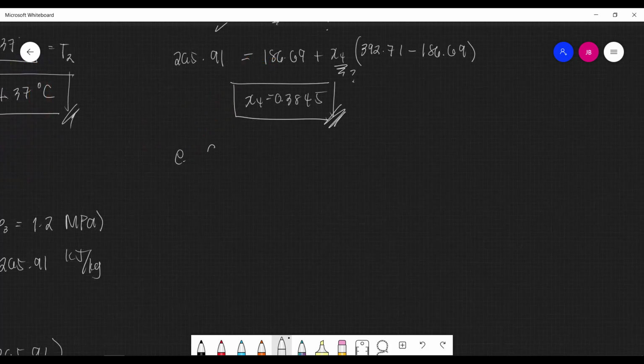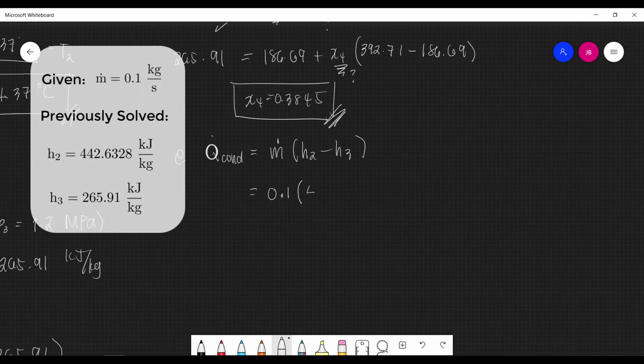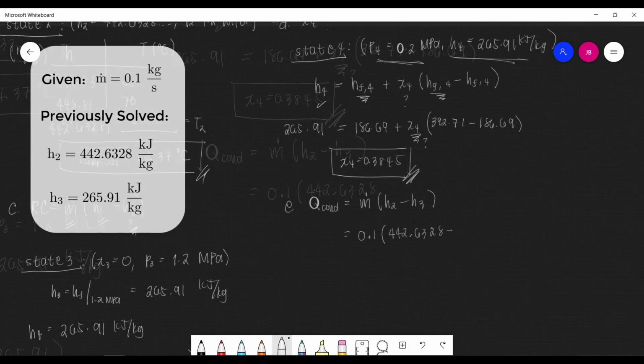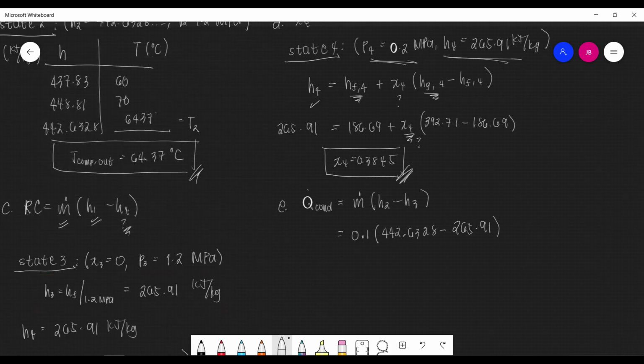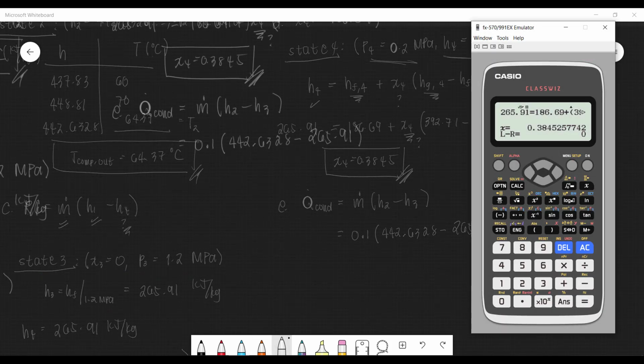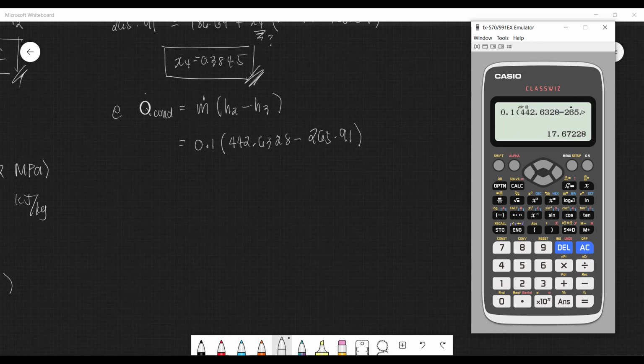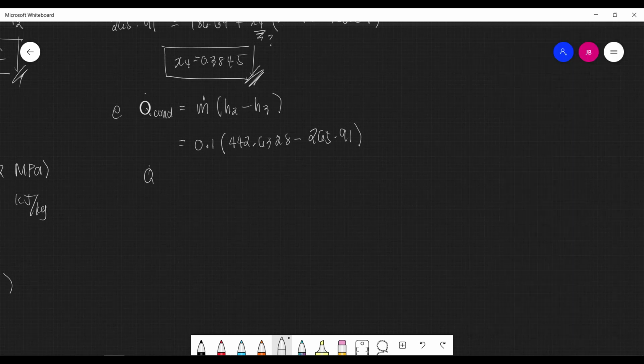We have letter E, and Q cond is going to be equal to m dot times H2 minus H3, which is 0.1 times 442.6328 minus H3, which is 265.91. So again, input lang natin siya sa ating calculator. We have the heat rejection rate at the condenser that is equal to 17.67 kilowatts.